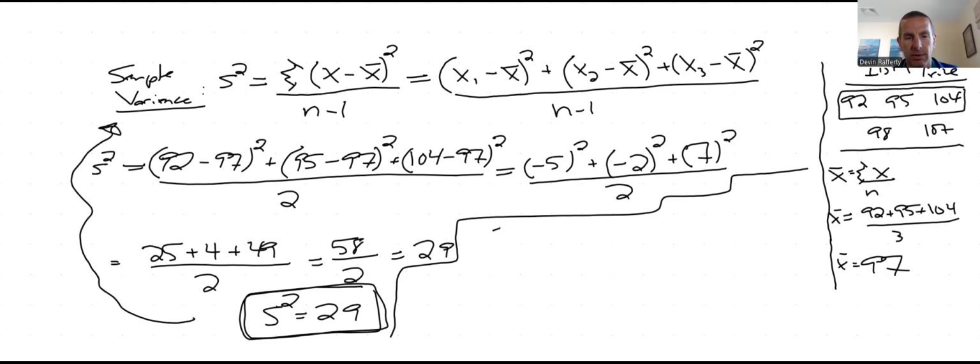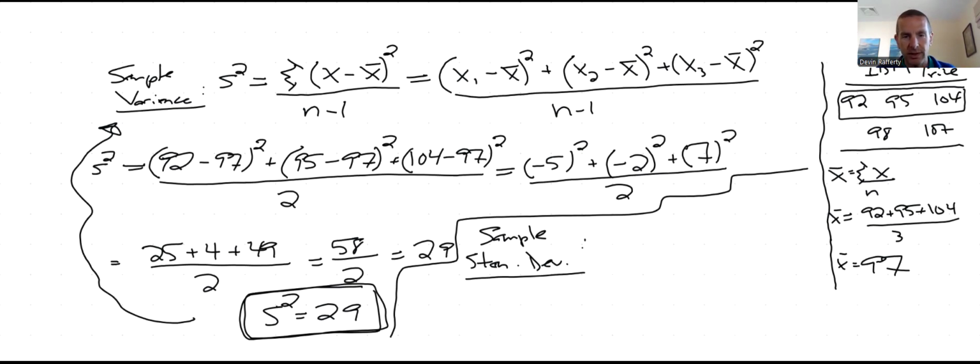Okay. Remember, the relationship between a variance and a standard deviation is just if you take the square root of the variance, you get the standard deviation. So if you take the square root of the sample variance, it will turn into the sample standard deviation.